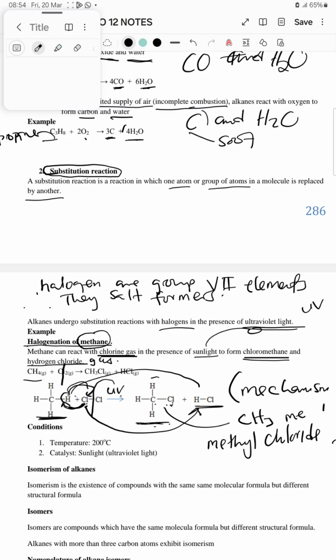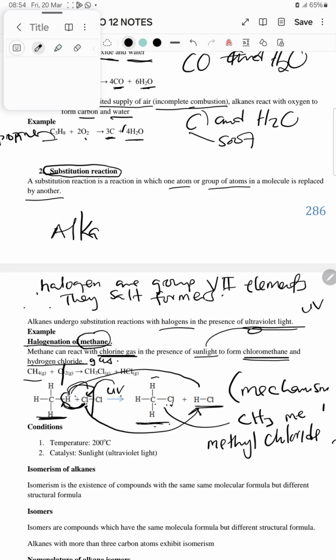So during substitutional reaction, alkanes react with the halogens to form haloalkanes. Let me even do this.